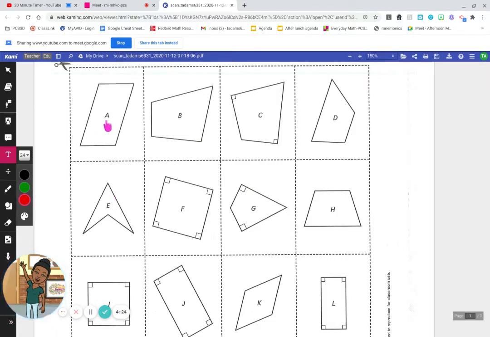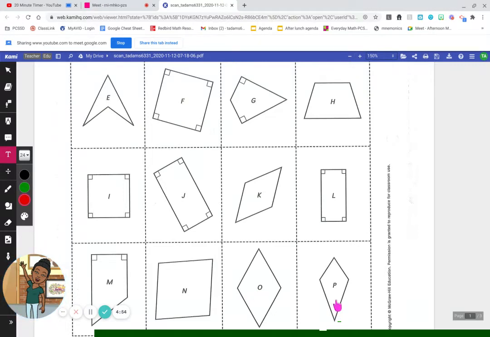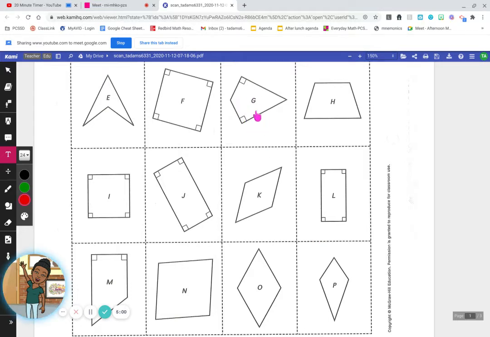So this quadrilateral is A. This is quadrilateral B, quadrilateral C, quadrilateral D, E, F, G, H, I, J, K, L, M, N, O, P. Point to quadrilateral G. Yes, this is quadrilateral G. Point to quadrilateral J. You got it again.